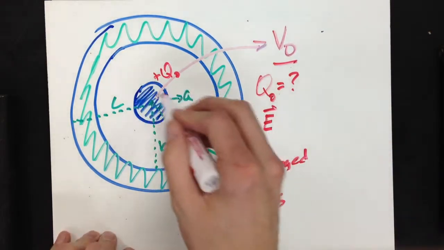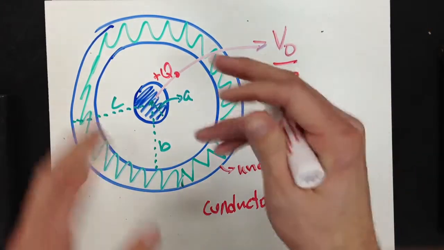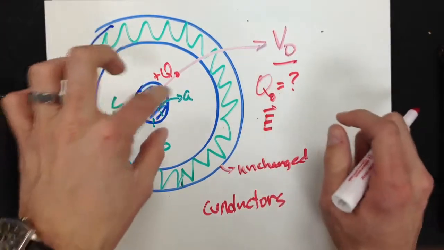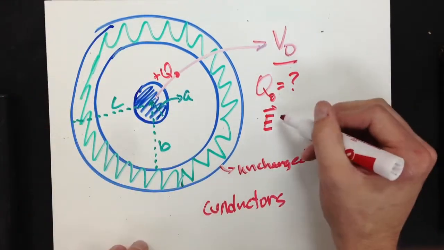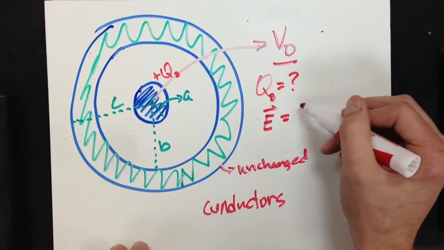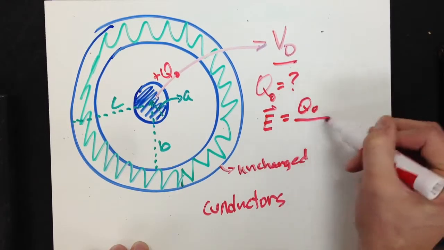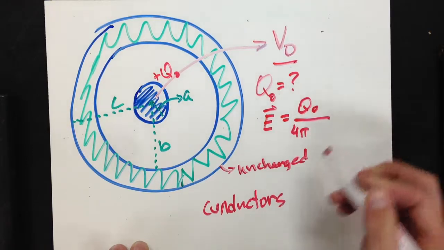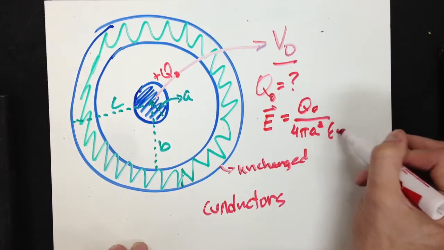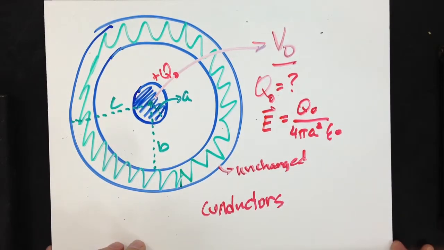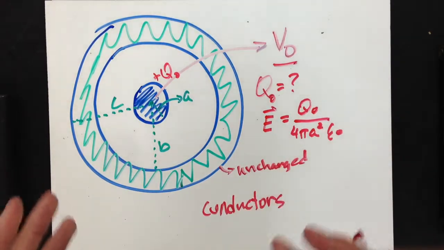If I make my Gaussian surface right at that surface, then I would get an electric field equal to Q enclosed, which in this case would be Q naught, all over 4 pi A squared epsilon naught.